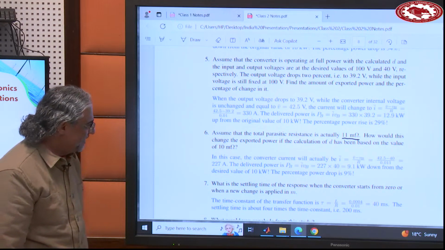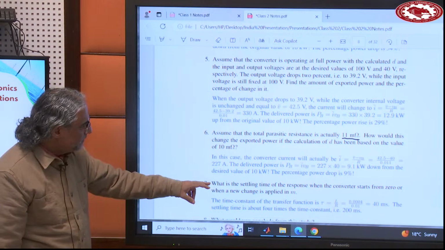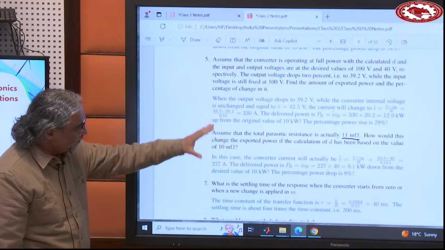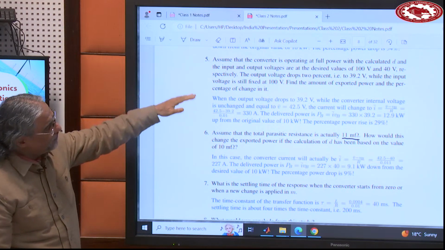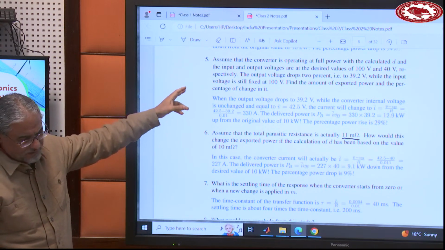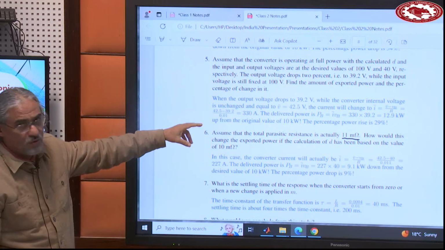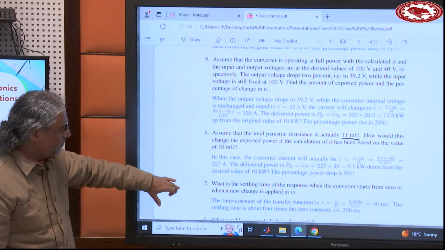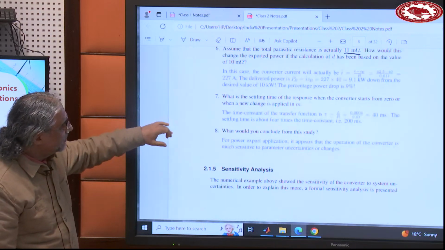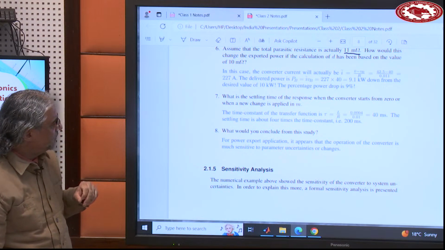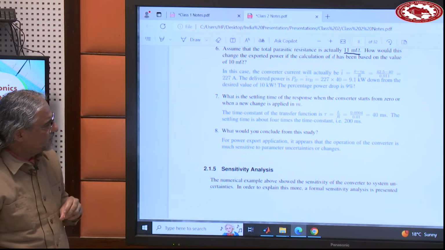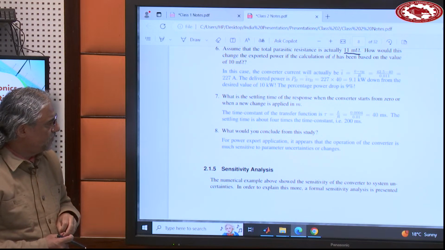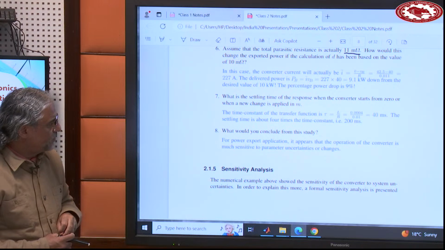Okay, we'll come back again to this. So we identified 3 problems: sensitivity to VA, sensitivity to VB, sensitivity to R. But we haven't given you a solution yet. I will give you a solution. But before going there, it also asks what is the settling time of the response when the converter starts from 0 or when a new change is applied.